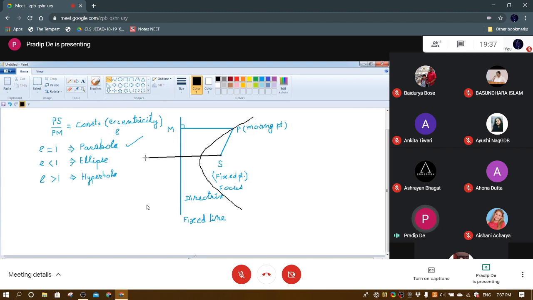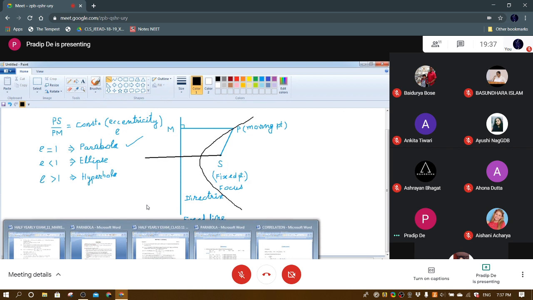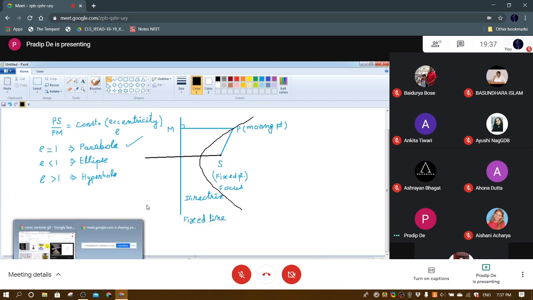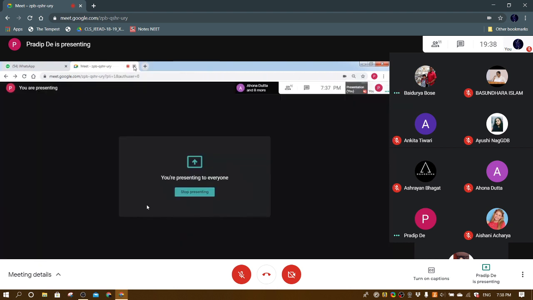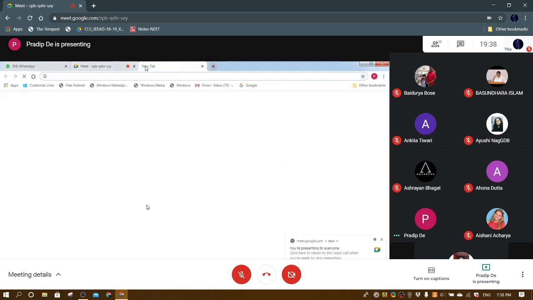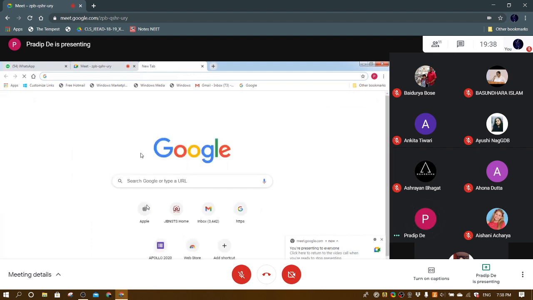My diagram is wrong actually, but the parabola will be symmetric about this axis. I'll show you the exact diagram. Just a minute. That means it will pass through the vertex. Yes. Just 1 minute.